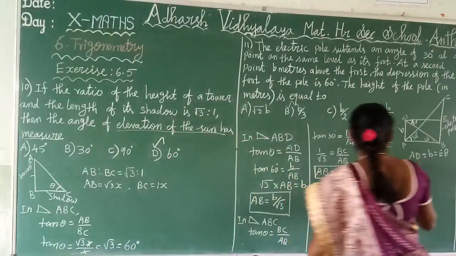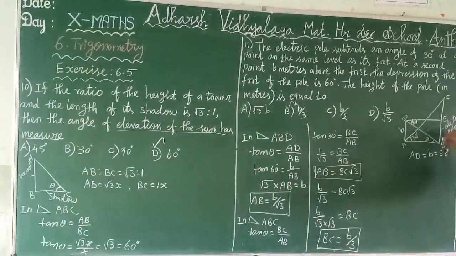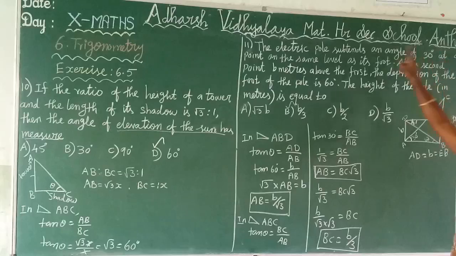So first draw the diagram. This is the electric pole, and here is the ground. The pole subtends an angle of 30 degree at a point on the same level as its foot.